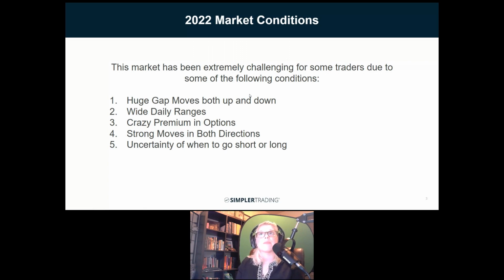Strong moves in both directions, right? Both to the bullish side and bearish side, as well as uncertainty of when to go short versus when to go long.